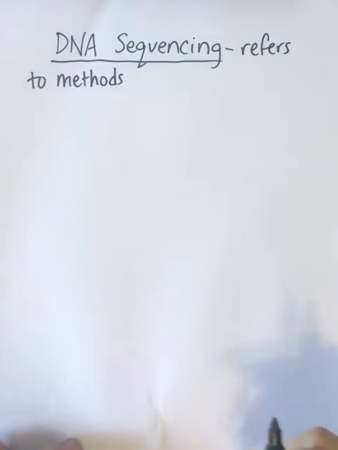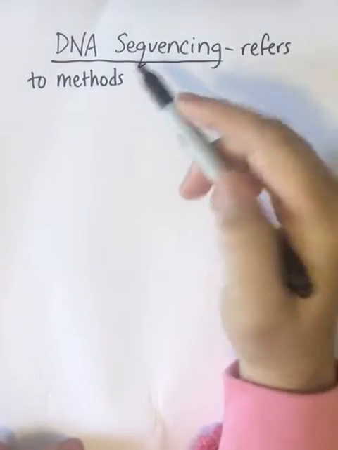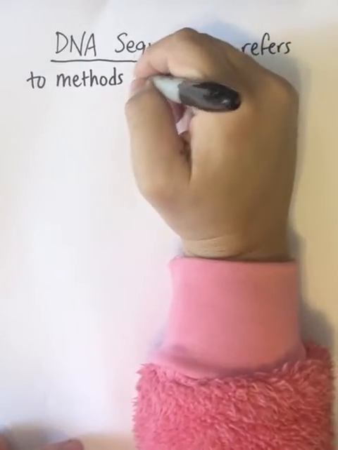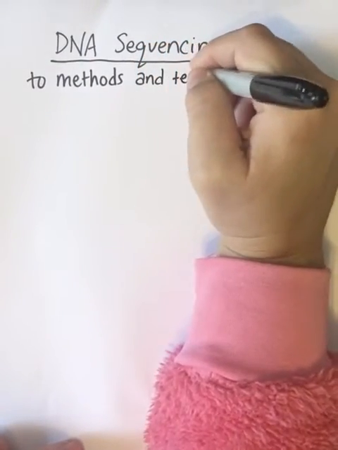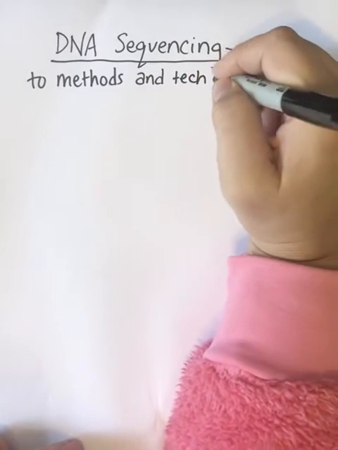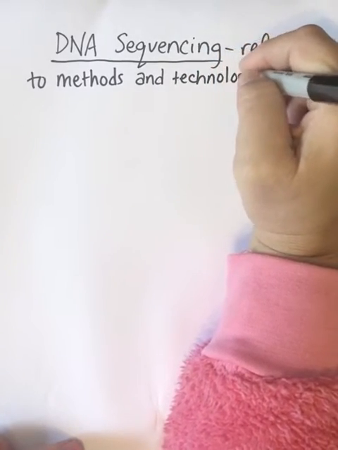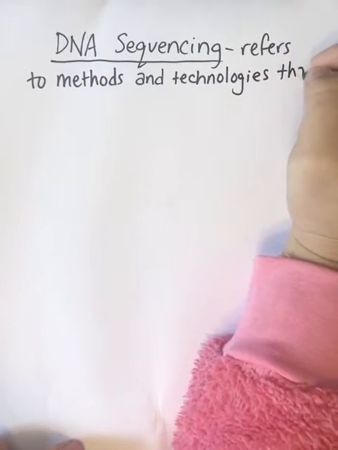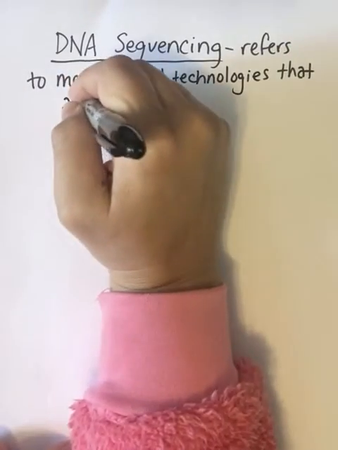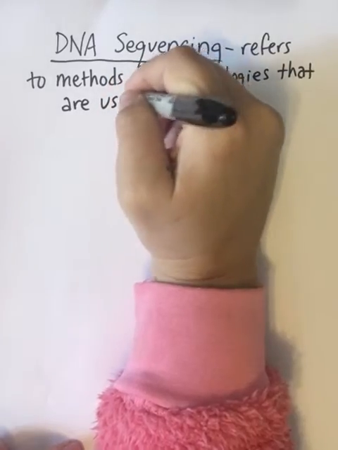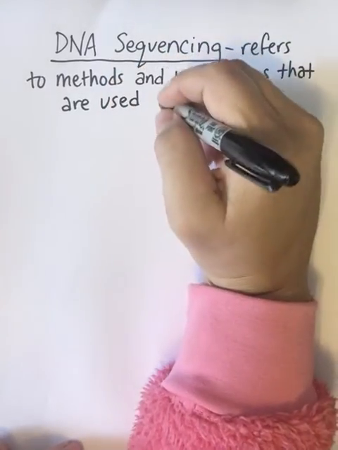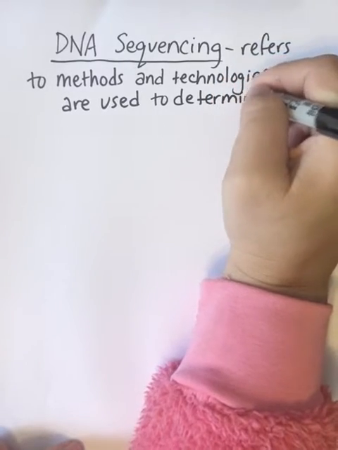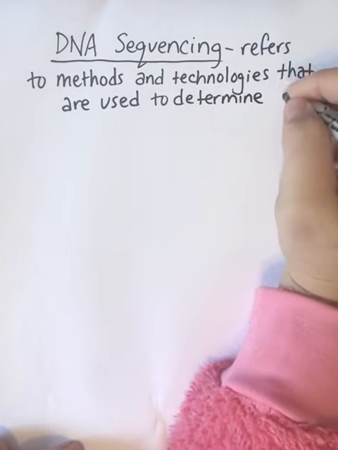All right, we're going to talk about DNA sequencing. When we say DNA sequencing, it refers to methods and technologies that are used basically to determine the sequence of DNA.